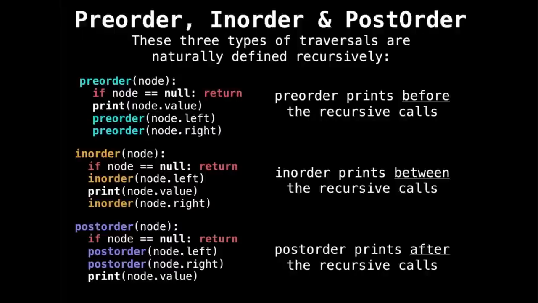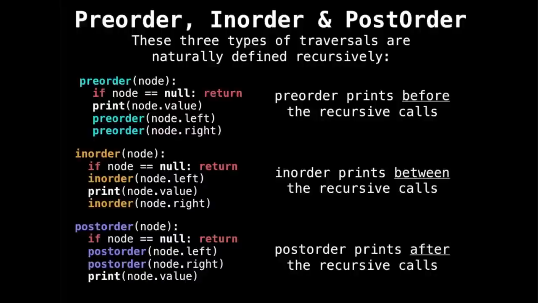They're also naturally defined recursively, and you can get a feel for why they have their names. Pre-order prints before the two recursive calls. In-order will print between recursive calls, and post-order will print after the recursive calls.